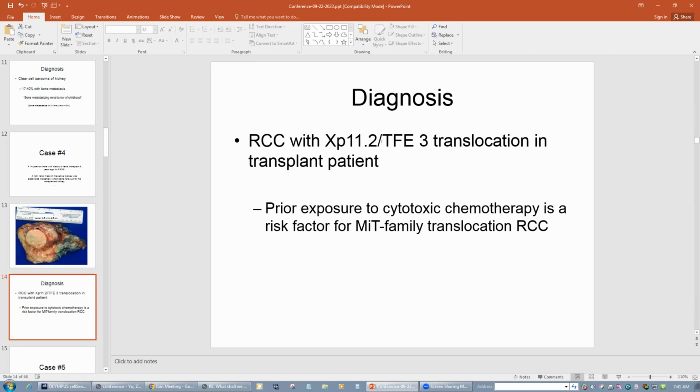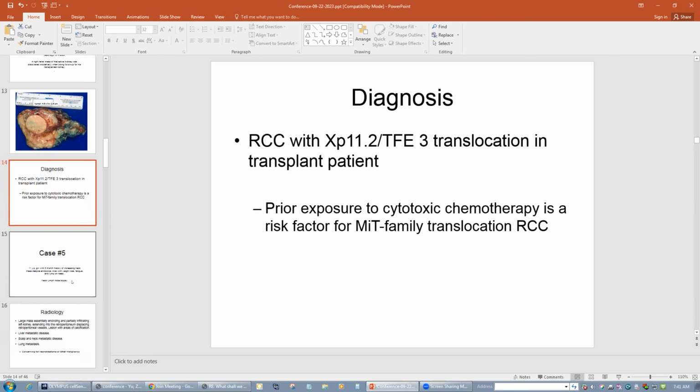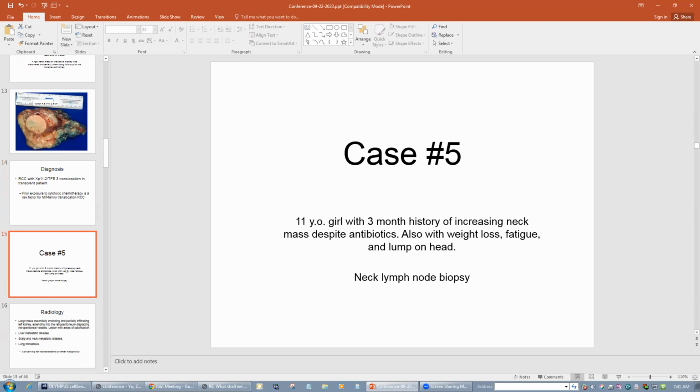So if you really think it is this tumor but it is TFE3 negative, you should do the TFEB mutation test. This is the classic morphology.